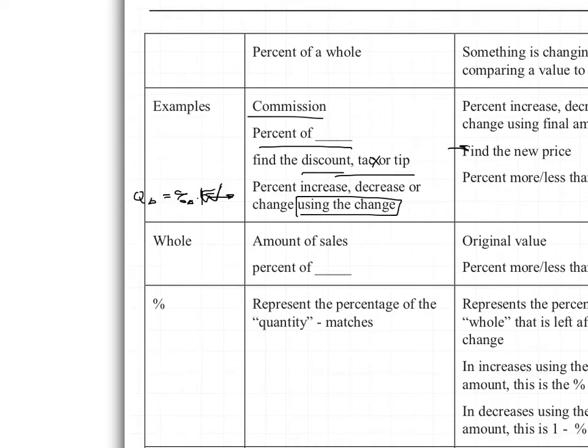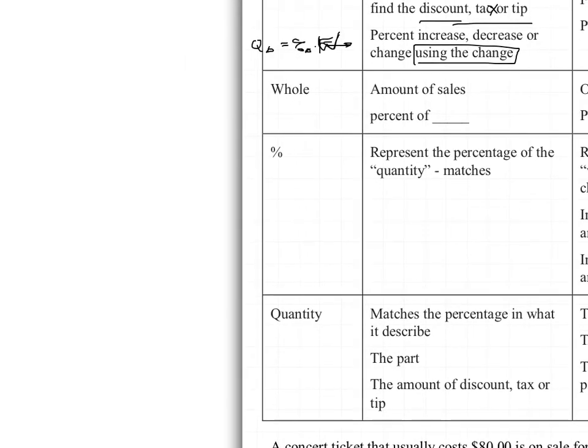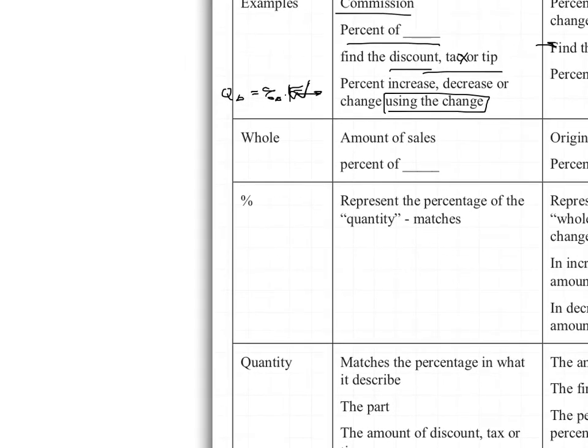So remember, when we're seeing those, the difference there is, are you given the percent of just the change, or are you looking at the quantity of the change versus the quantity of the final amount and the final price? All right, so in these particular problems, this is for commission.